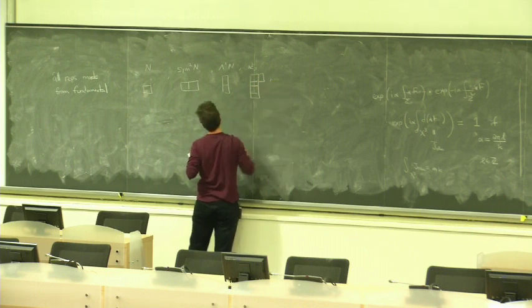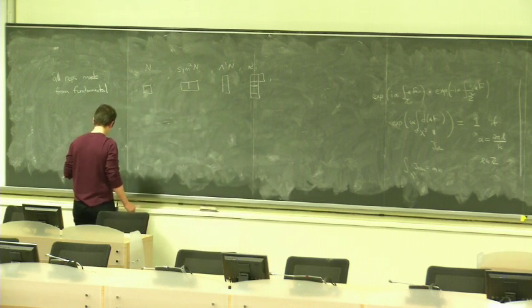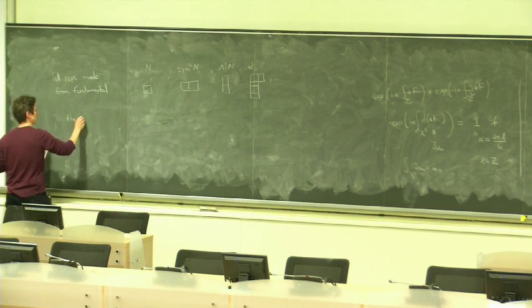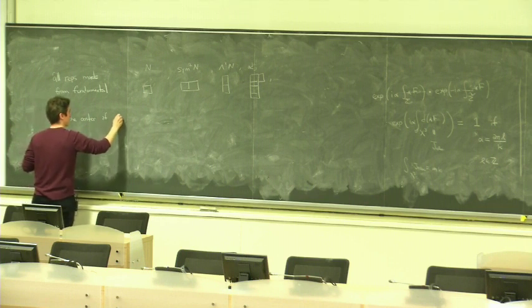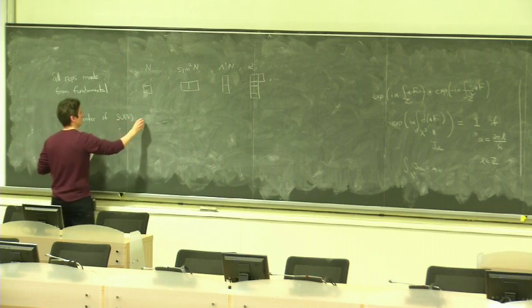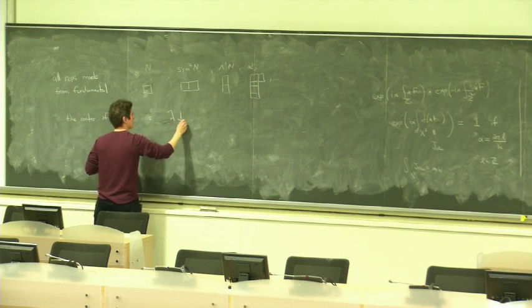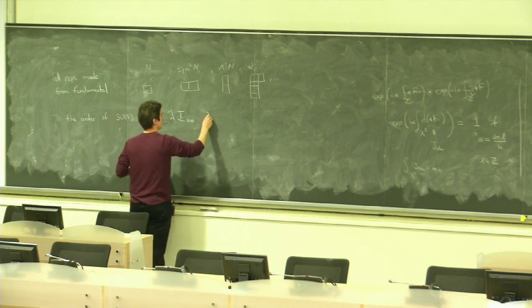Okay, and it goes on forever. They're characterized by Young tableaus in some shape. It's also useful to note that the center of SUN is of the form lambda times the identity matrix, where lambda is an nth root of unity.